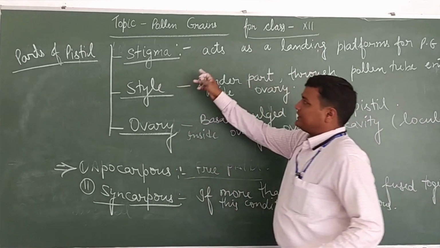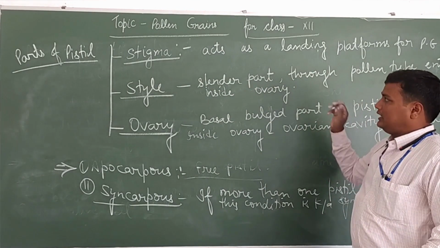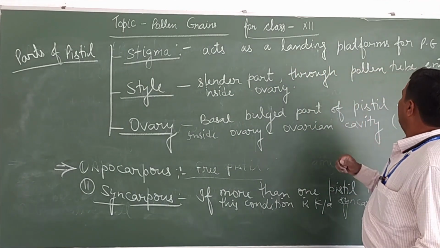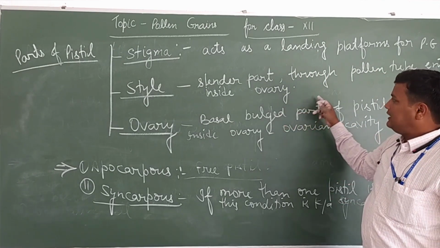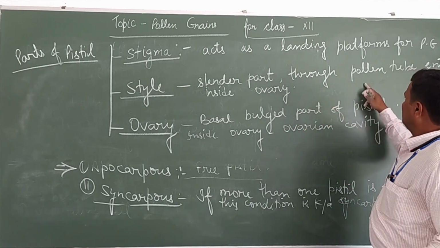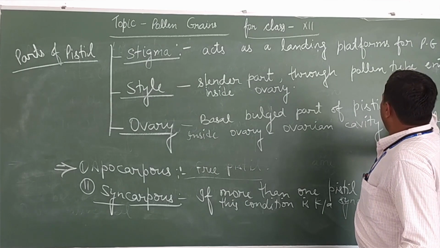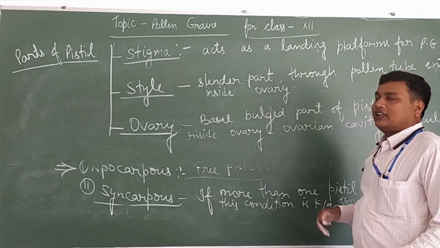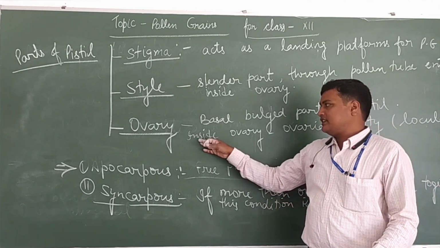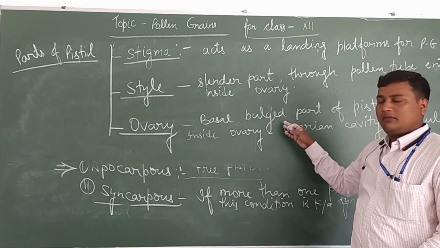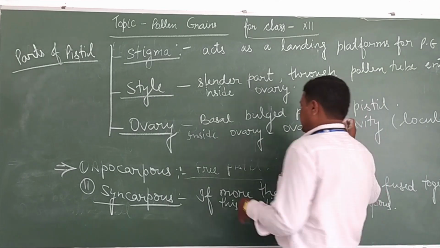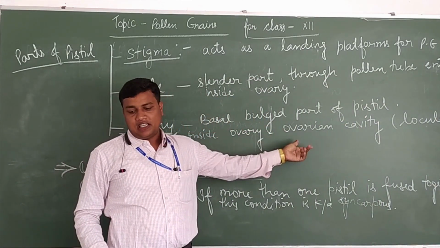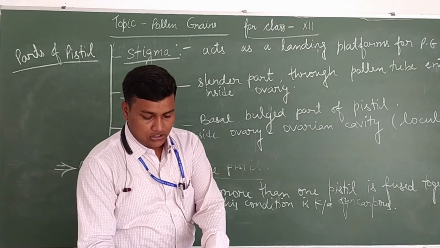So the parts of the pistil are stigma, style and ovary. Stigma acts as a landing platform for pollen grains, and style is the cylindrical part through which the pollen tube enters inside the ovary. The last part of the pistil is the ovary, the basal swollen part of the pistil, and inside it the ovarian cavity is present, known as locule.